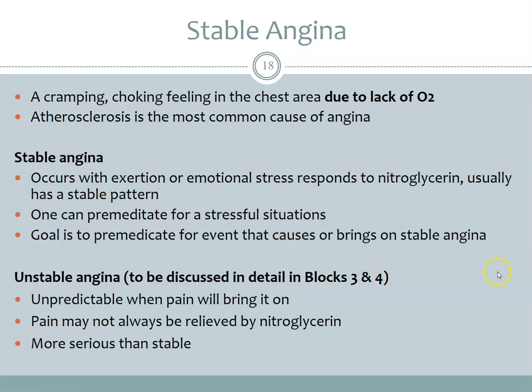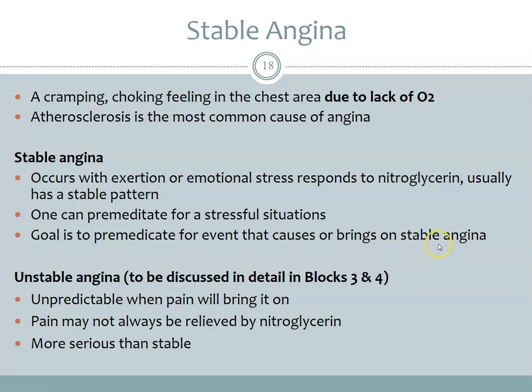Next, we're moving on to stable angina. This is a cramping or choking feeling in the chest due to lack of O2. And this we know the most common cause of stable angina is atherosclerosis, that plaque we just talked about.